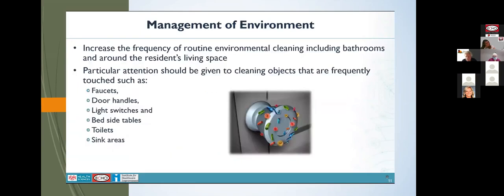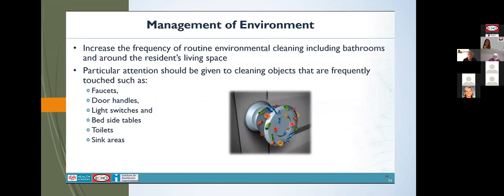We need to be sure to check our policies and procedures for housekeeping to be sure that we're following the proper directions. So with COVID-19 or any outbreak, we will want to make sure that we increase the frequency of those routine cleanings that we're doing, including, of course, the bathrooms and around the residents' living space.